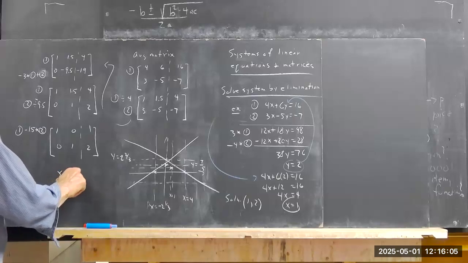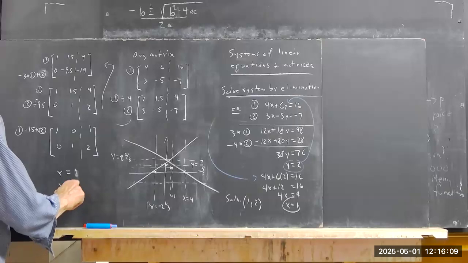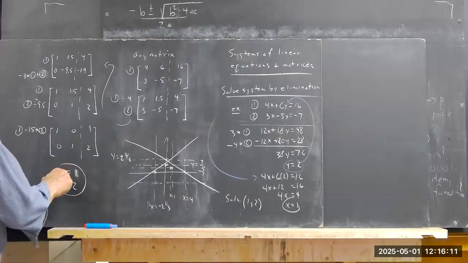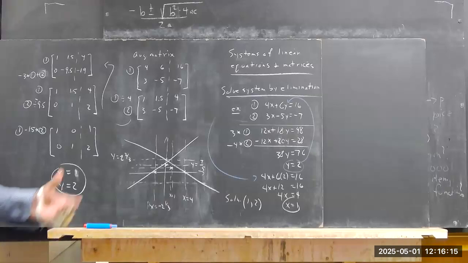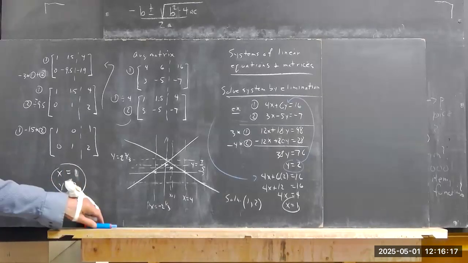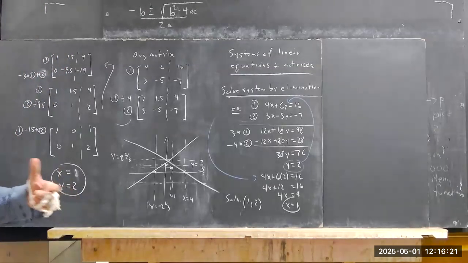So again, x equals 1, y equals 2. Just refresh your memory. Make sure you understand how to do this. Be able to do it with 3 equations and 3 unknowns too.